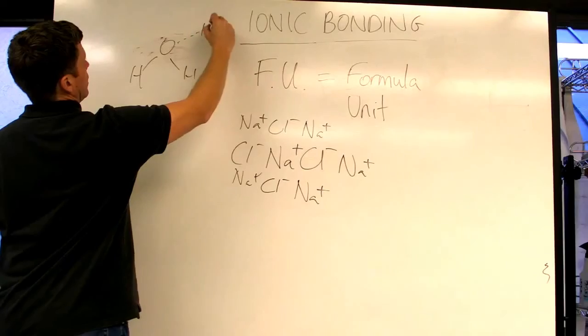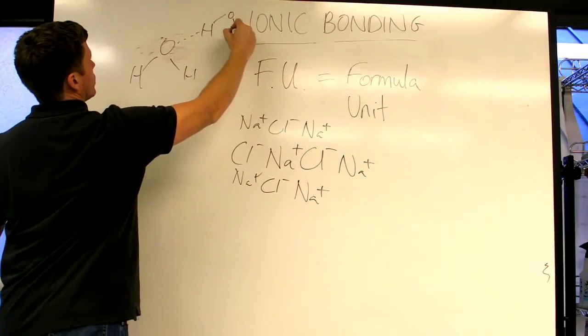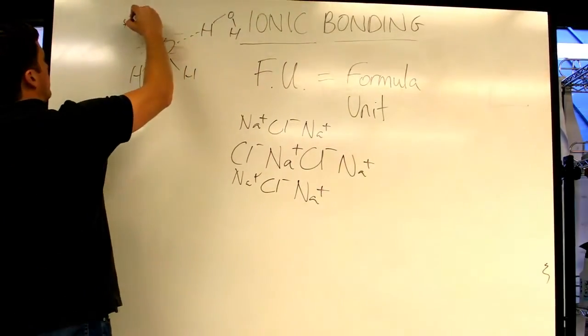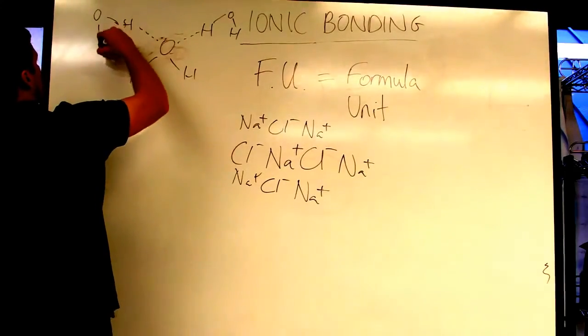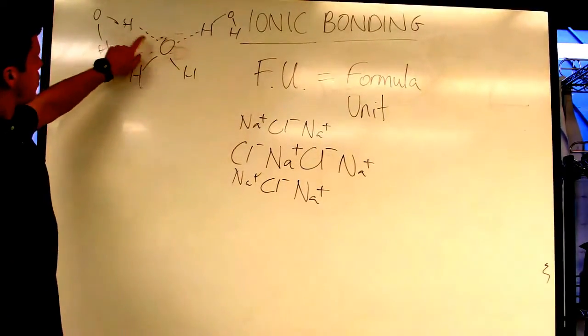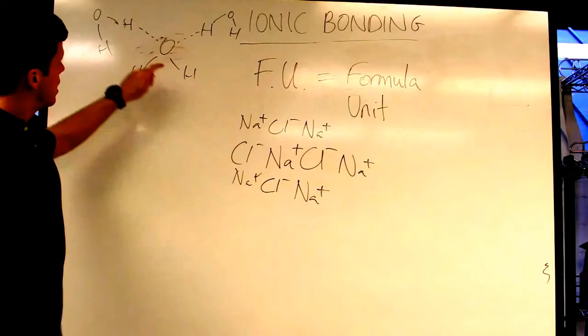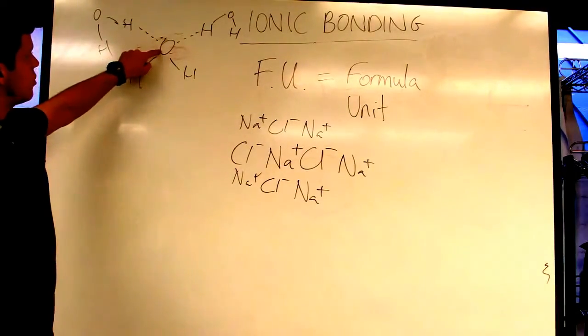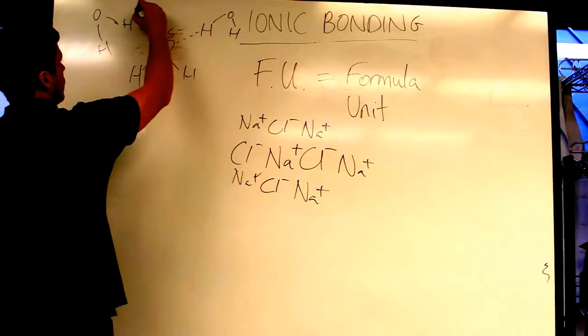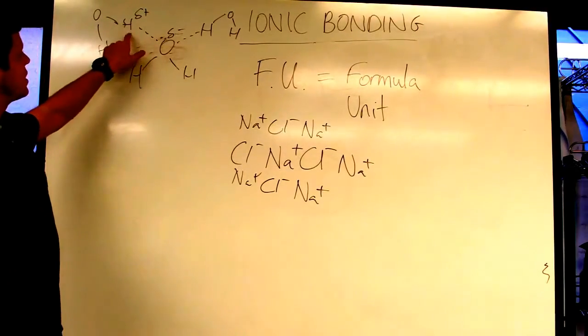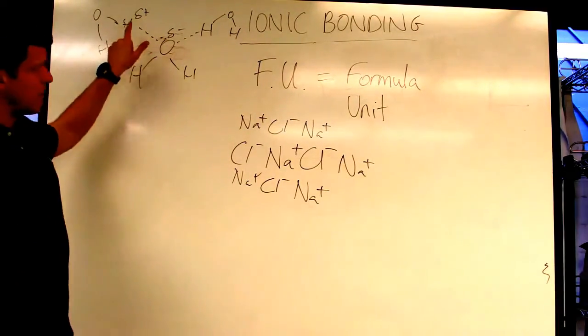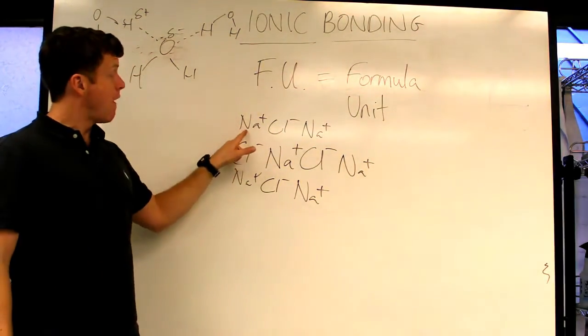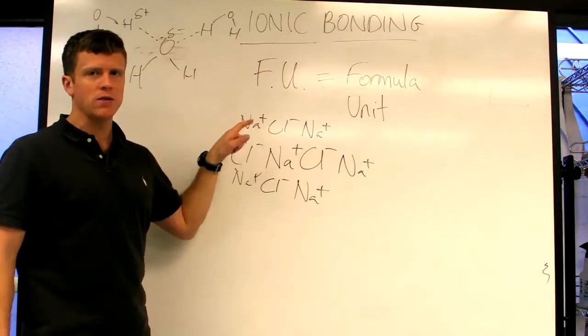Attracting other molecules. So these bonds are nowhere near as strong as these. These are actually delta charges, remember, from covalent bonding. So this isn't as strong an attraction as between a full positive charge and a full negative charge.